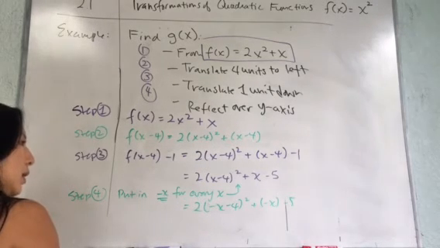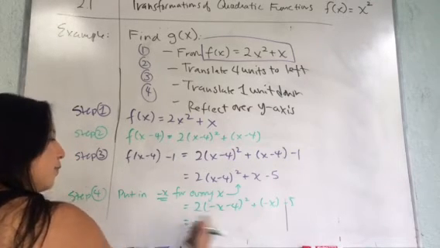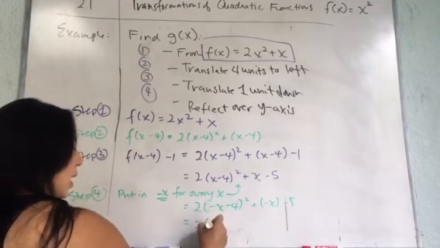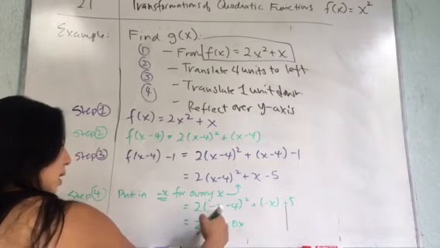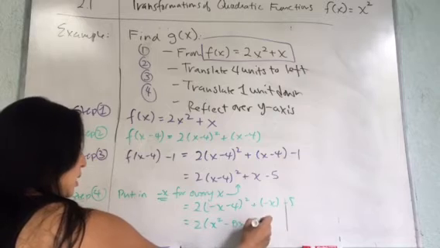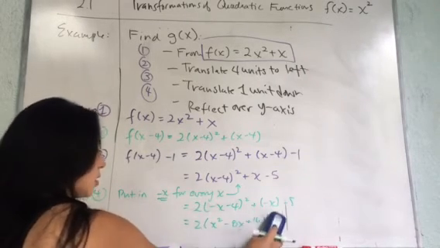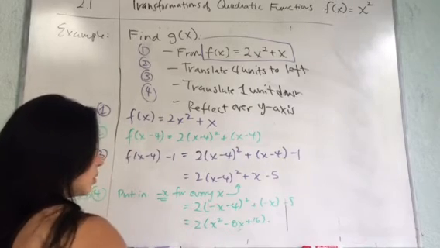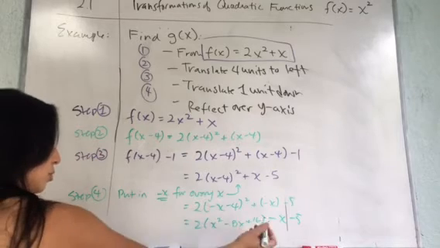So now I can clean it up entirely. I get 2 times, and if I FOIL this out, I end up with x squared minus 8x plus 16 plus negative x, which I'm just going to write as minus x, and minus 5. And distribute the 2 out.